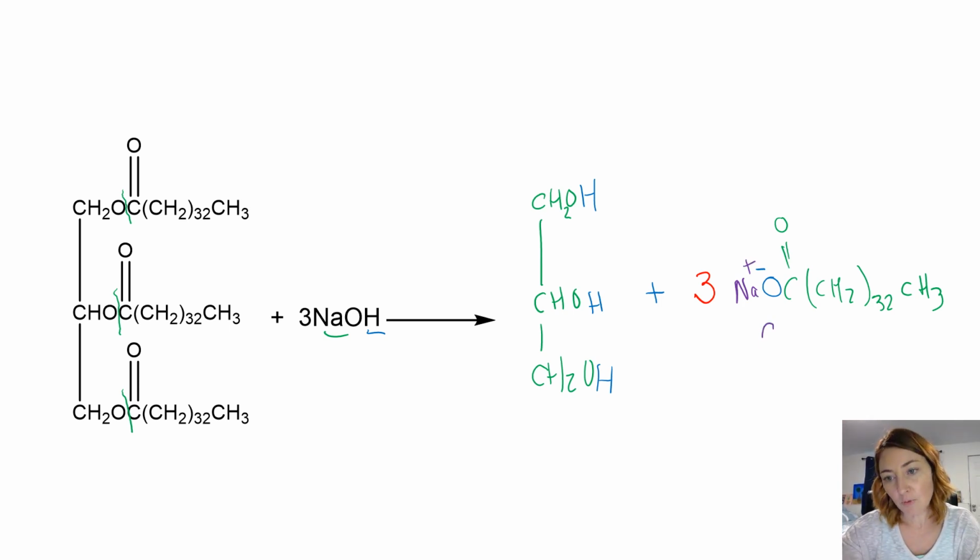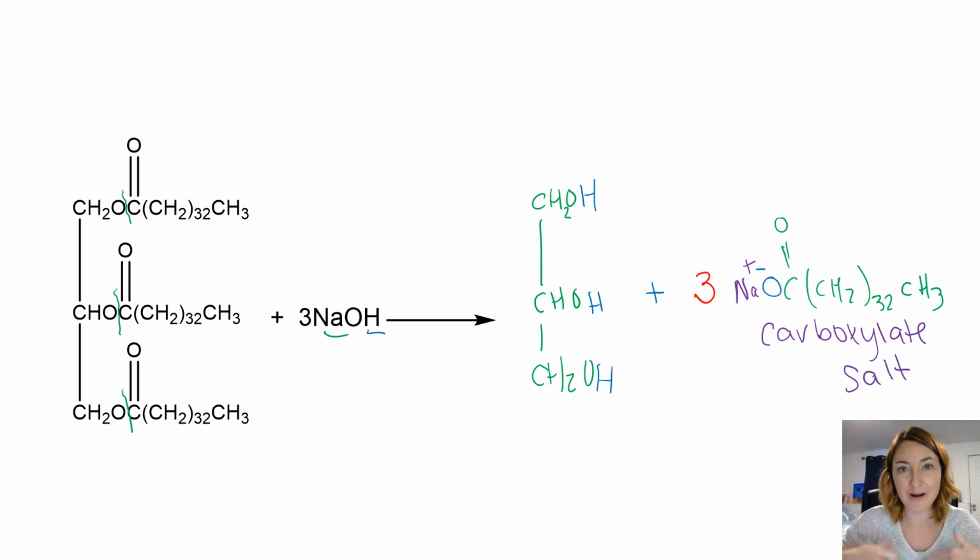So I reform a carboxylate salt. And that is all you are going to have to be able to say. You are not going to have to name this because you have not learned how to name fatty acids. These really long chain fatty acids, I don't ask you to memorize that. I don't feel like that's useful for you, but you should recognize it as being a glycerol because I did ask you to memorize the structure of that, and 3 carboxylate salts.